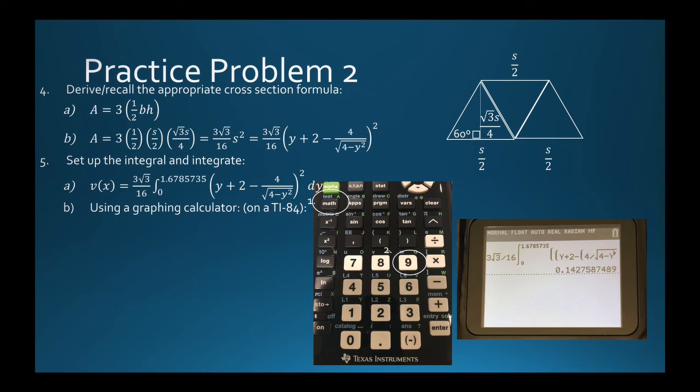We'll round it to the thousandths place, and we'll see that the volume of the solid is 0.143 units cubed.